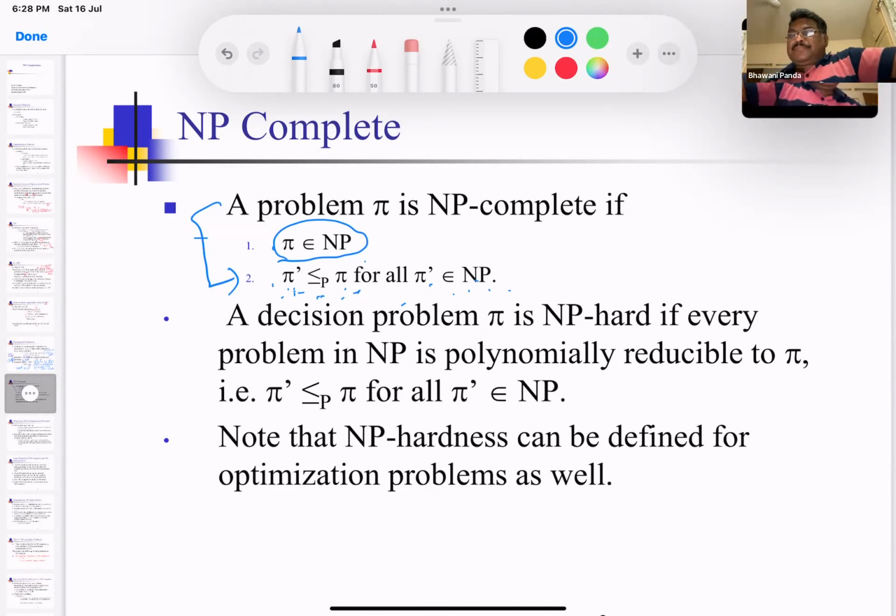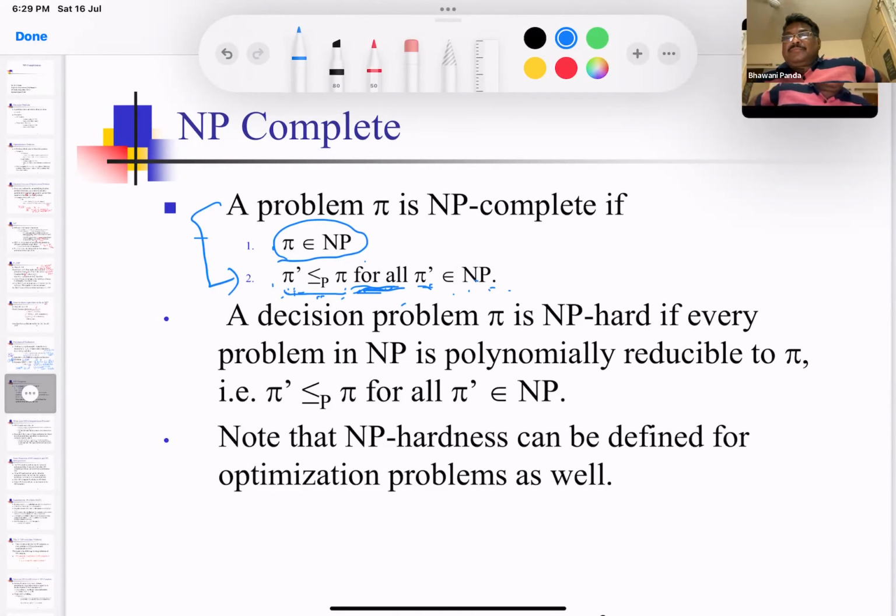Maybe pi equal to pi dash, we can take that as satisfying the second property? No, because we are going to show that pi belongs to NP, and the second property is for all, not for only one. Every problem in NP is polynomially reducible to pi. That we have to show from this definition.